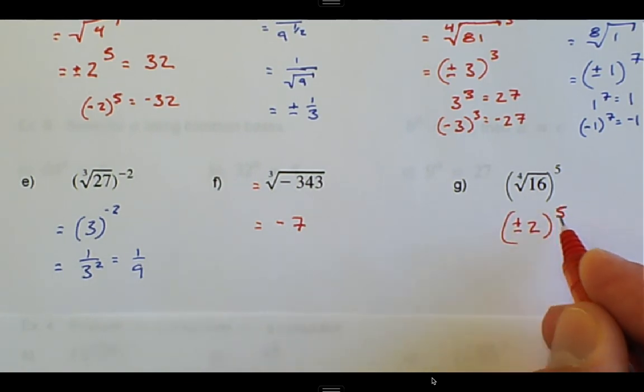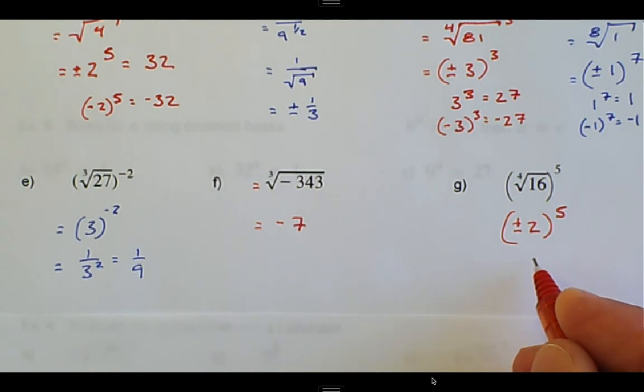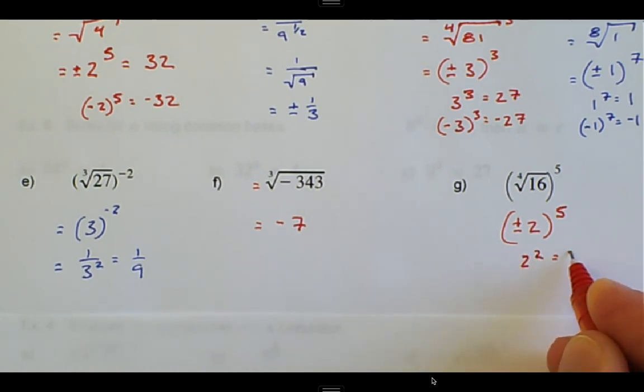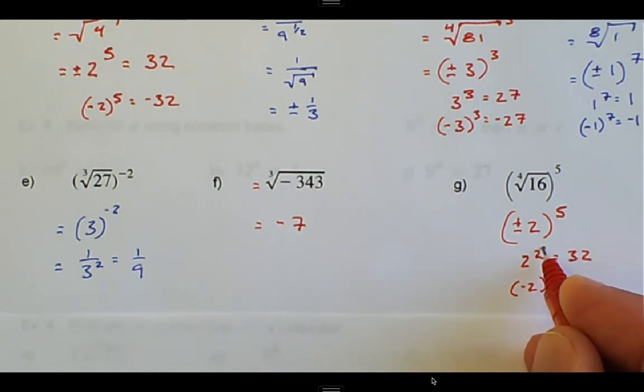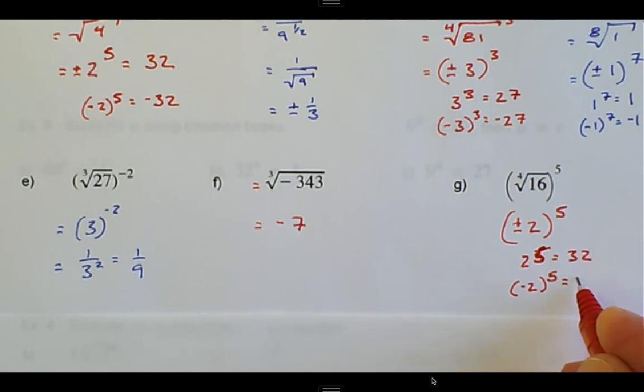And then we can say 2 to the 5th, 2 to the 5th is 32. And negative 2 to the 5th is negative 32.